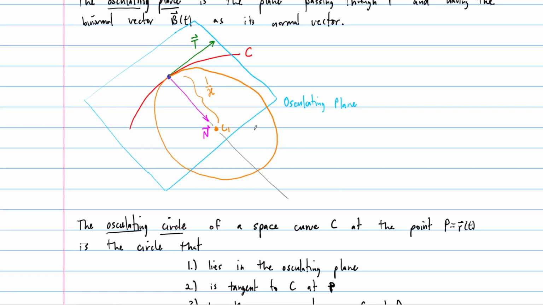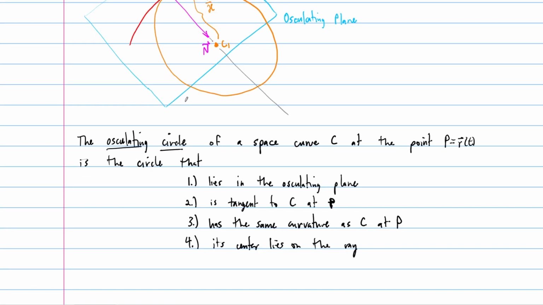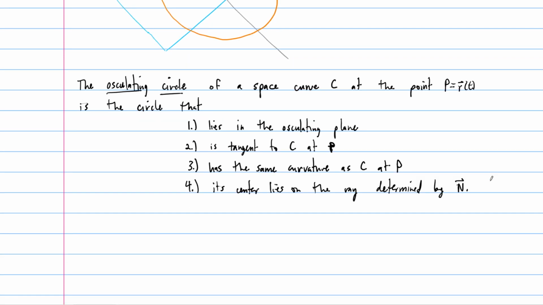Well, maybe we do need to say this, because you could be tangent over here and have the same curvature. So yes, it's on this side: the center lies on the ray determined by n. That's the osculating circle, the definition of it. This thing is extremely useful and important.